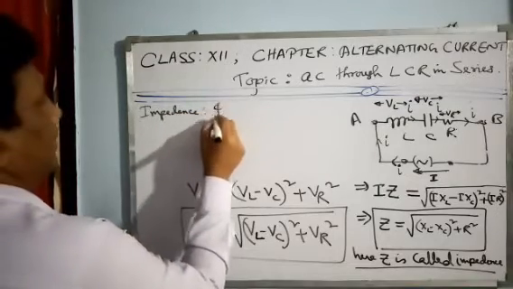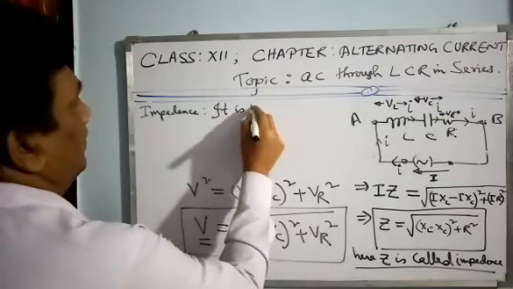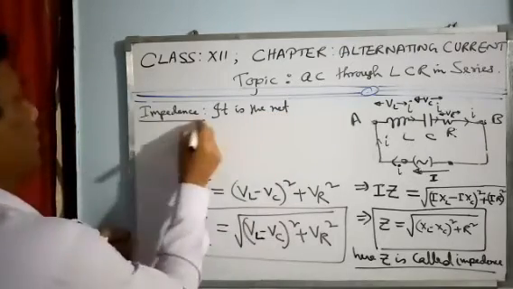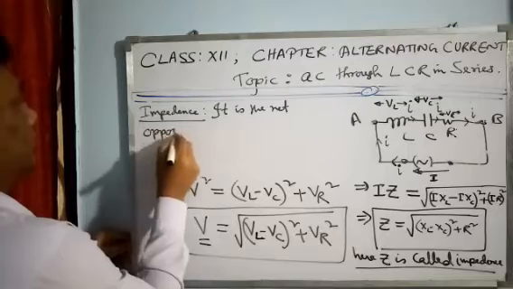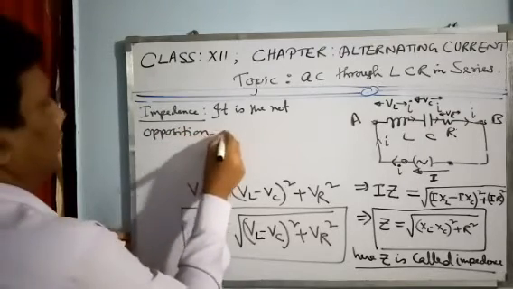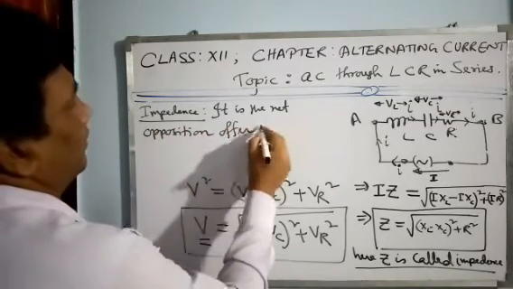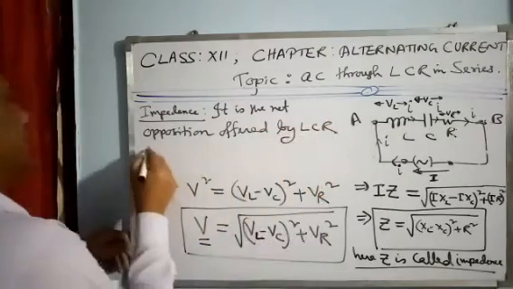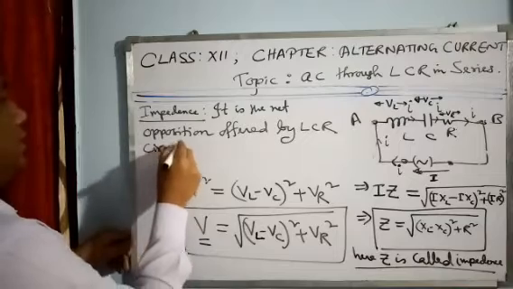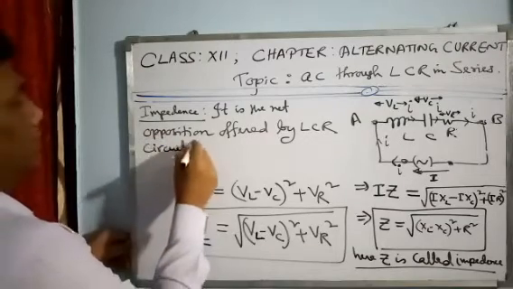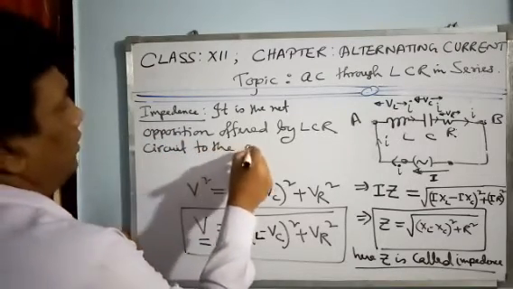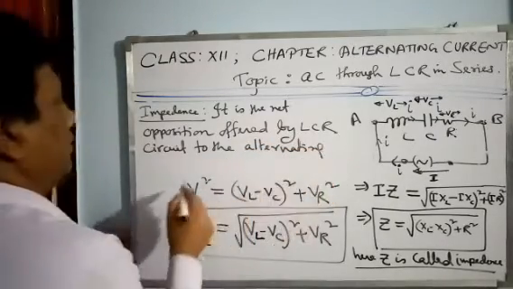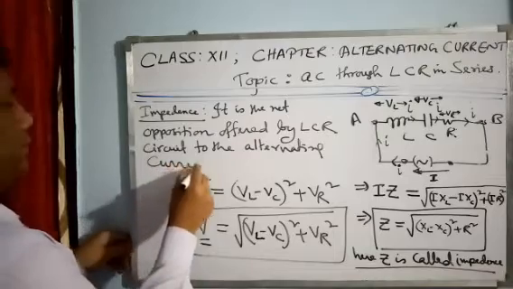Impedance: it is the net opposition offered by the LCR circuit to alternating current.